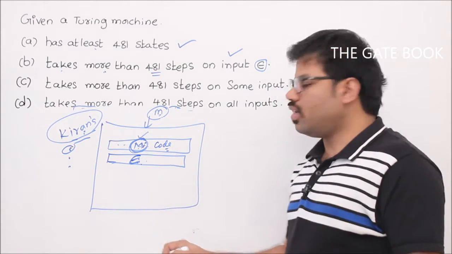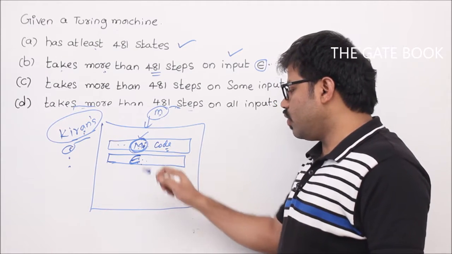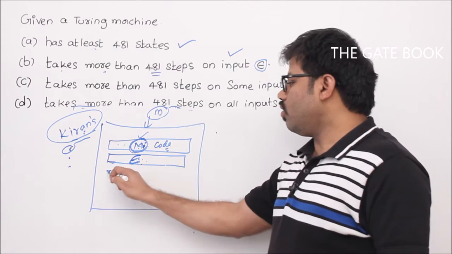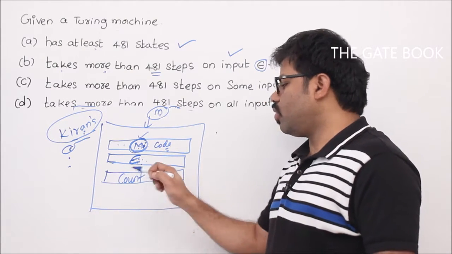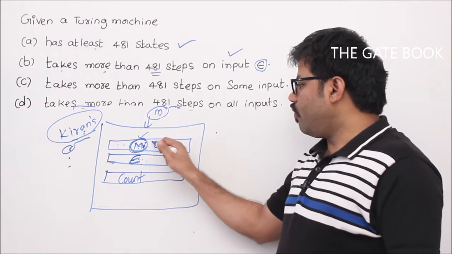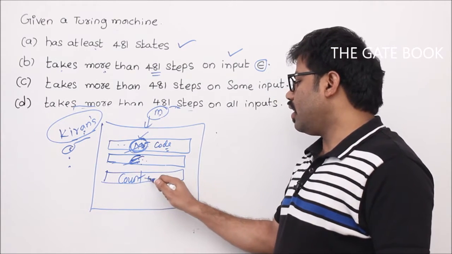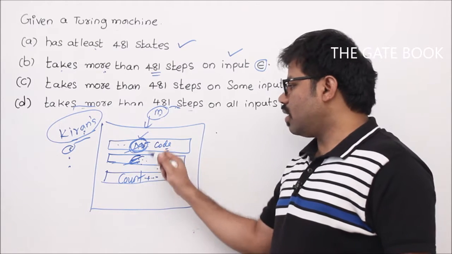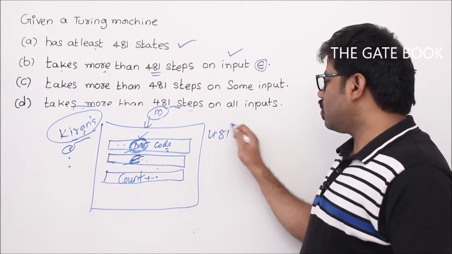How many steps do you run? Every time one step of this Turing machine is executed, count it. So take another tape. Here you maintain the count. Yes, it is possible. In that way, count the number of steps which you execute and run for 481 steps.